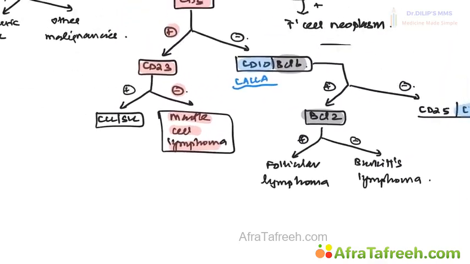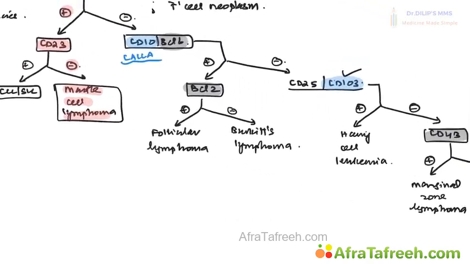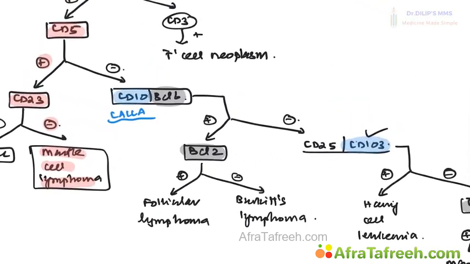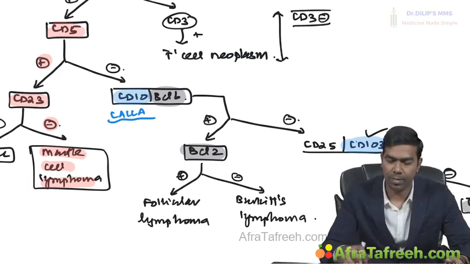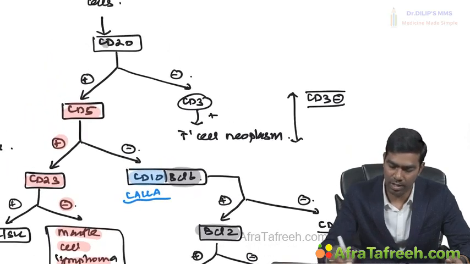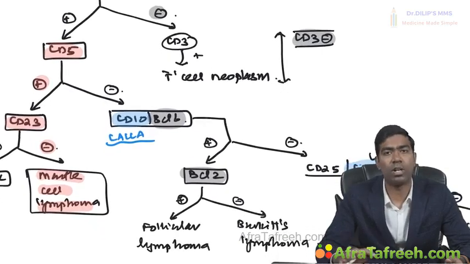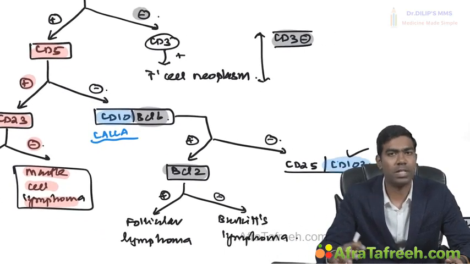I told you here CD3 positivity. Somewhere I told you, CD3 positive T cell neoplasms. One more thing also you have to remember. So if CD3 is negative, for example, let us assume if CD3 I have done positive, I told you, but what if CD3 is negative in the same algorithm, like CD20 negative, at the same time CD3 is also negative, means one important neoplasm you are missing out, which means a plasma cell neoplasm.